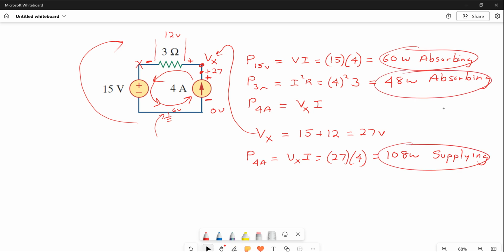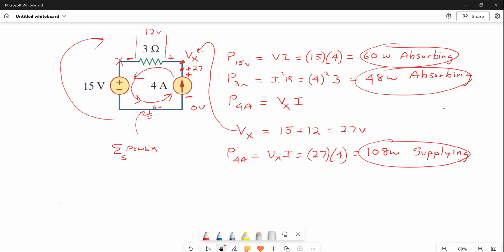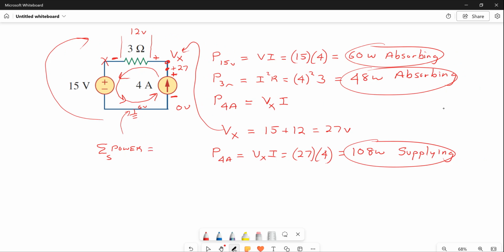And always check your work, because the conservation of power says that the summation of the power supplied has to be equal to the summation of the power absorbed.